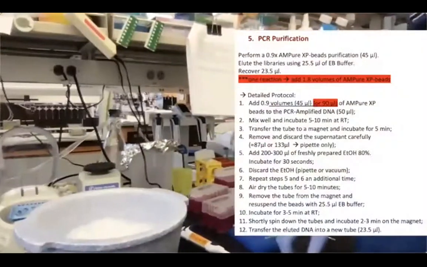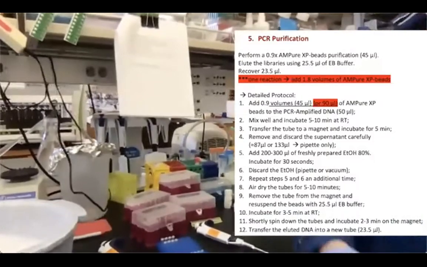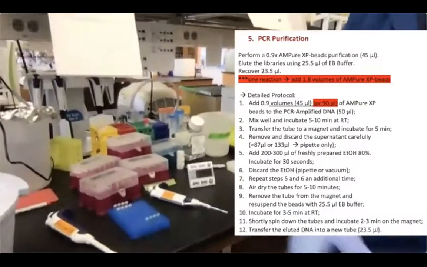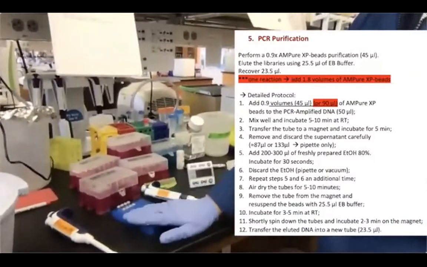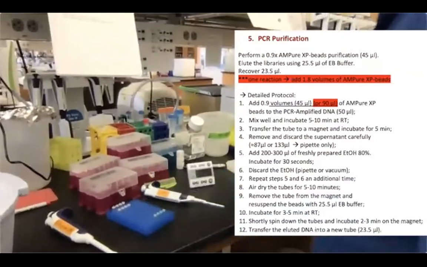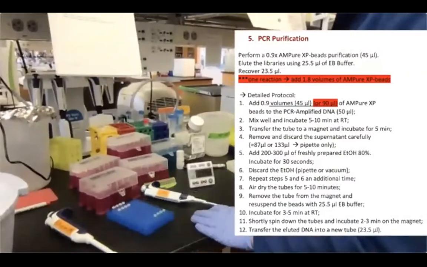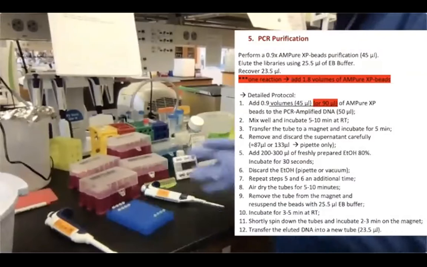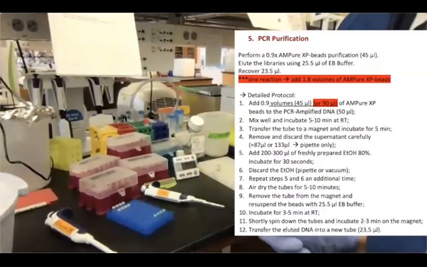One more time, all the steps for the purification have to be performed at room temperature. So that's why we are incubating 1 minute just to make sure everything is at room temperature. In the meantime, I get my Ampure beads ready. So they're still the same beads as before. Again, we are purifying our sample with 2 different methods.